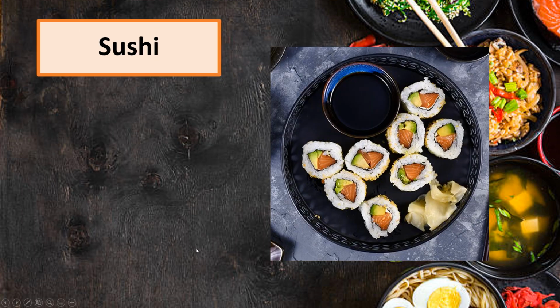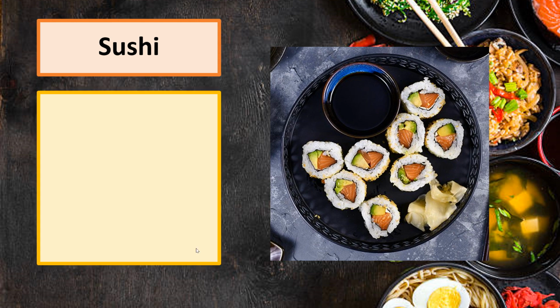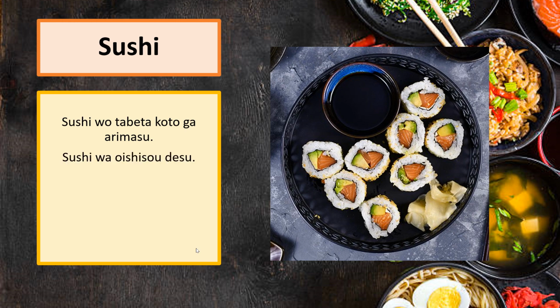So each part of your menu project should look something like this. You have your title of what the food is, you have the food as shown, and then you will have what you need to state. So for example, sushi o tabeta koto ga arimasu. I have eaten sushi before.